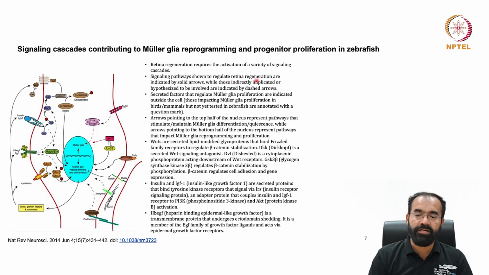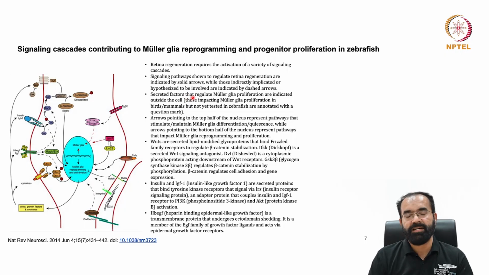Signaling pathways shown to regulate retinal regeneration are indicated in this picture by solid arrows, while those that are indirectly implicated and hypothesized are shown by dotted or dashed arrows. And one factor type is secreted factors.